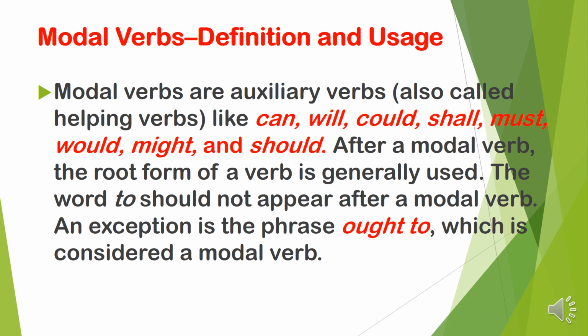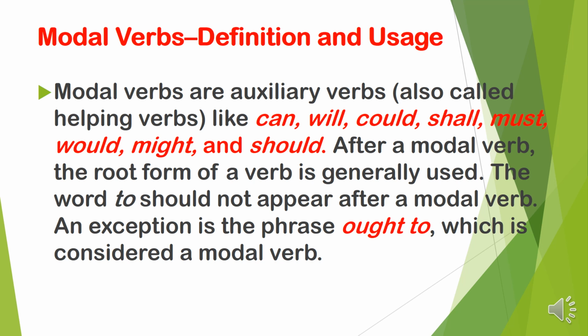Our discussion is all about modal verbs, their definitions, and usage. Modal verbs are auxiliary verbs, what we also call helping verbs, like can, will, could, shall, must, would, might, and should. After a modal verb, the root form of a verb is generally used.